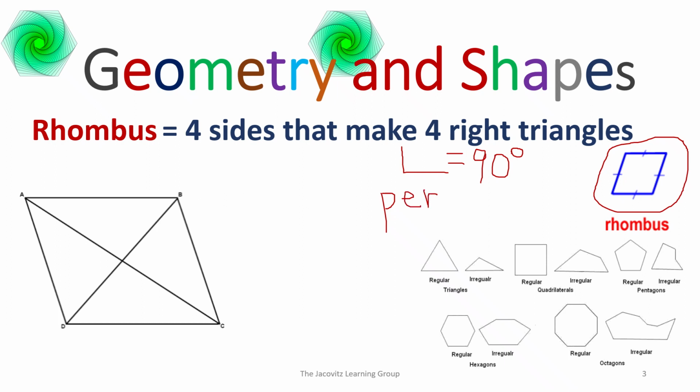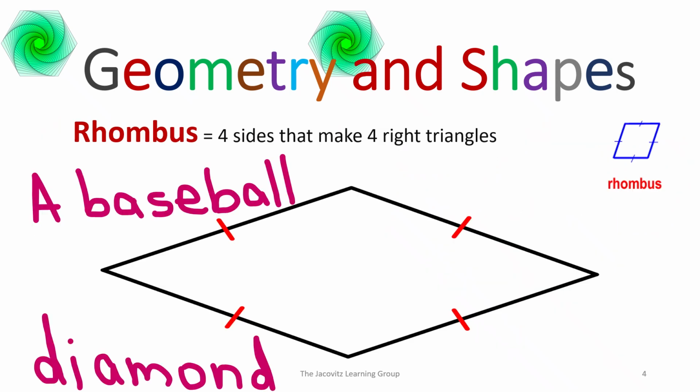Whenever you see a shape like this or like a baseball diamond, I'm going to show you one on another page that pretty much tells you what's going on. Here's a baseball diamond, and you see the same thing. This is just tilted another way.